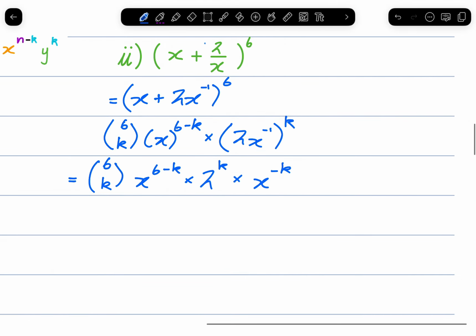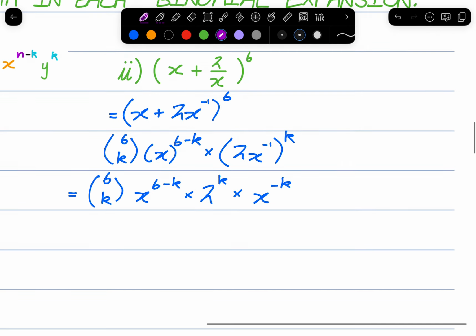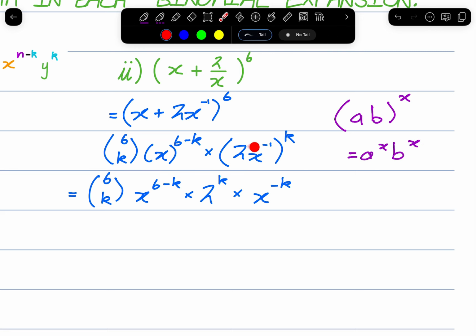And in case you missed it, using the index law, if we had, let's say, a times b to the power of x, remember this becomes a to the power of x times b to the power of x. So that power of 1 takes on k, because 1 times k, and negative 1 times k gives me negative k.